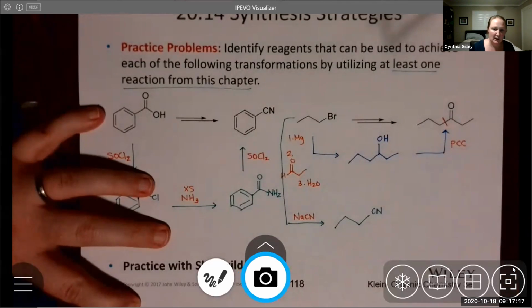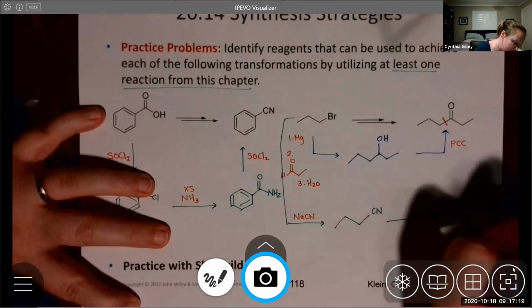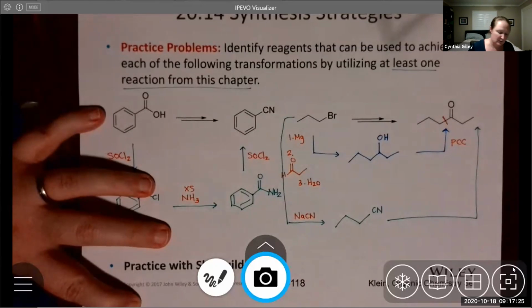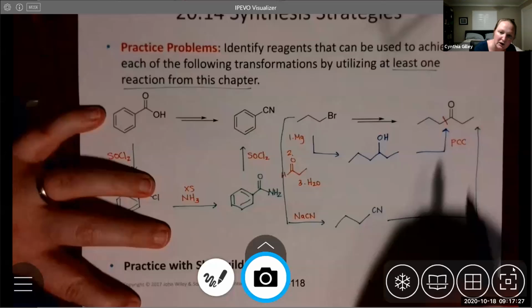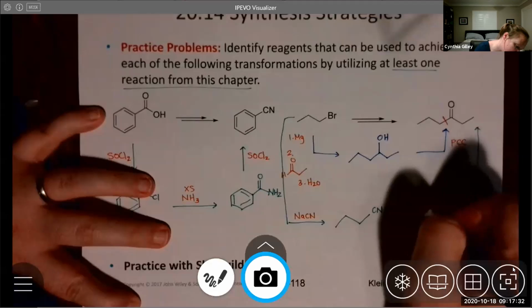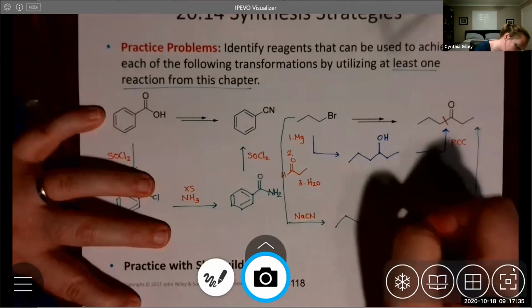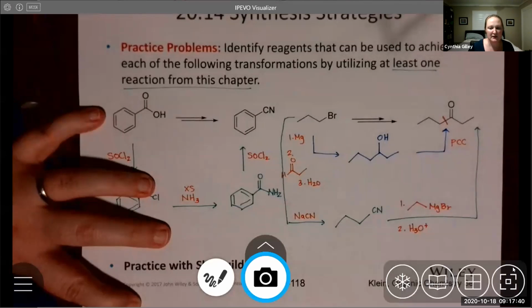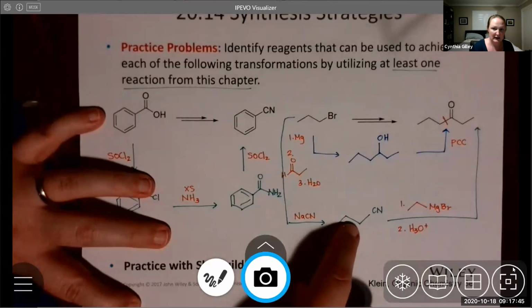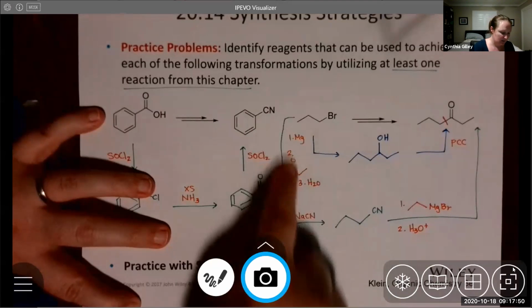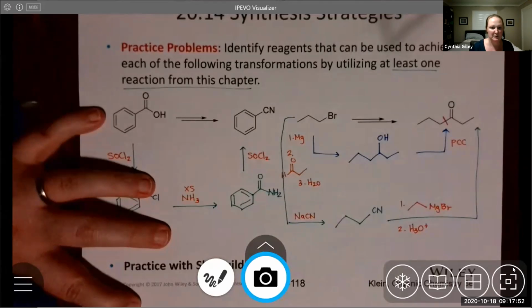That's very helpful because I know that I can convert a nitrile to a ketone directly using a Grignard reagent. I want to add these 2 carbons now, so I'm going to add in an ethyl Grignard reagent, followed by hydrolysis of the resulting imine to a ketone. So using a Grignard reagent, I can go directly from a nitrile to a ketone. That pathway utilizes reactions from this chapter.